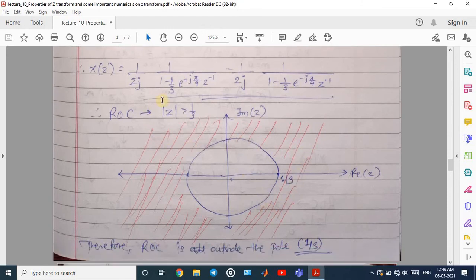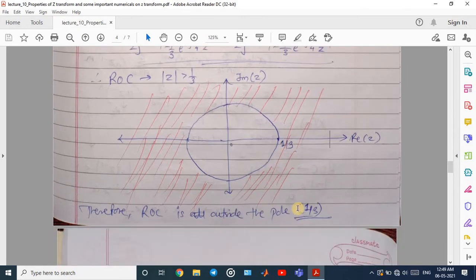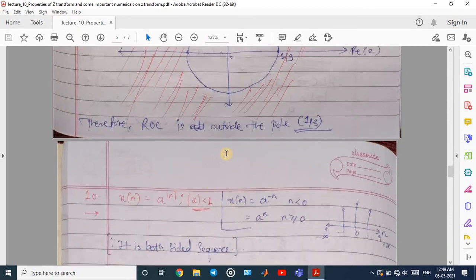Because of mod of z greater than 1 upon 3, this is our outermost pole 1 upon 3, so the ROC will be present outside the outermost pole 1 upon 3, it will not be present inside the pole. Okay, outside the pole 1 upon 3. This is the solution and ROC.